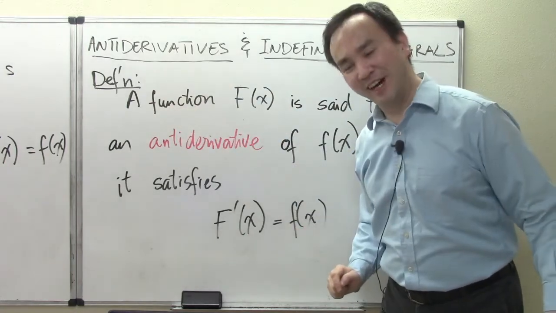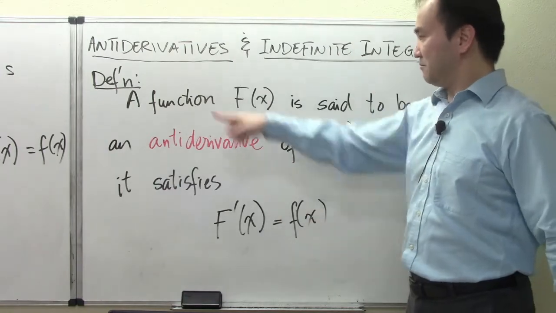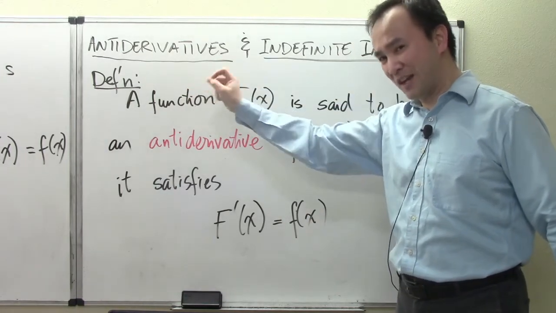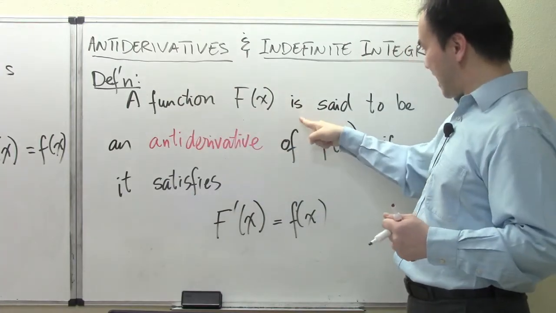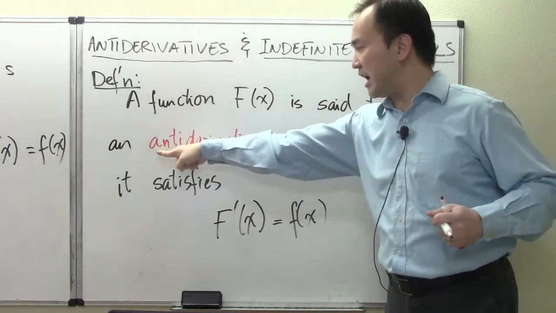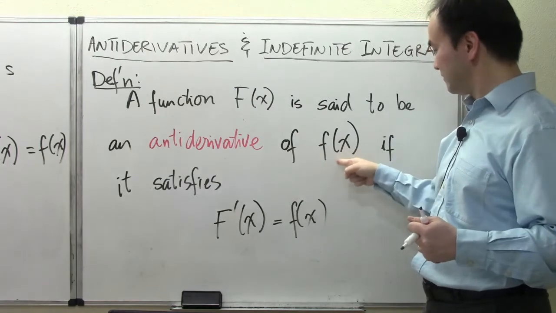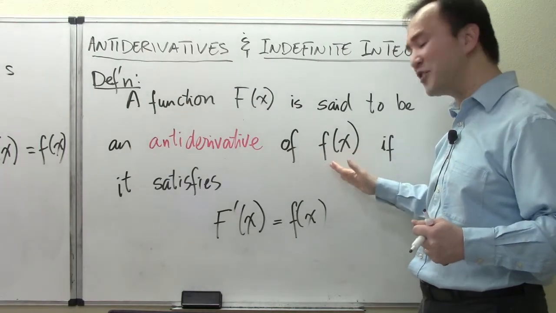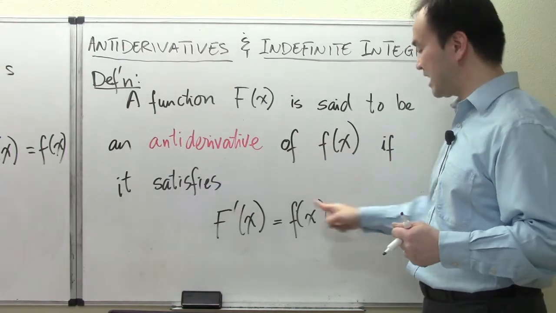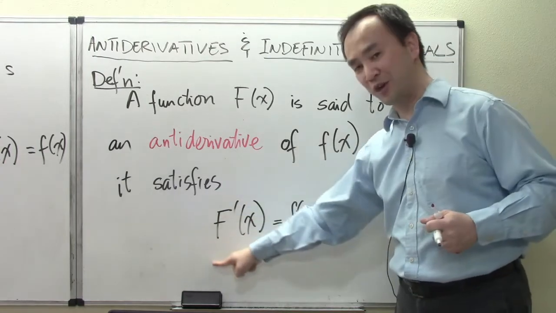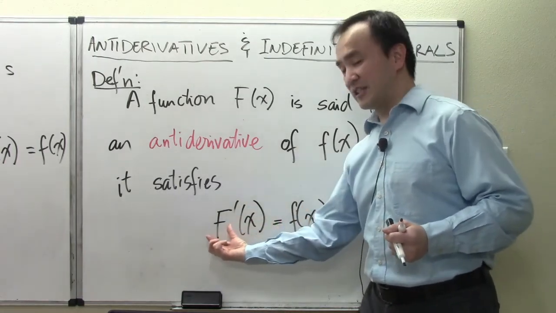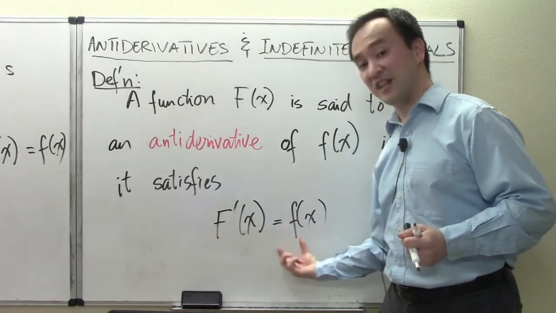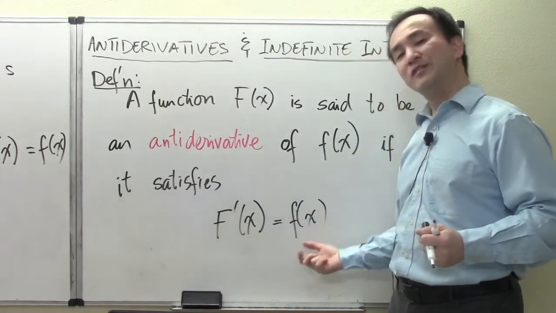antiderivative is. Okay? So again, this is a definition, and it's just the way we name it. A function capital F of x is said to be an antiderivative of the corresponding lowercase f of x if it satisfies this requirement: if the derivative of capital F lands exactly on f.